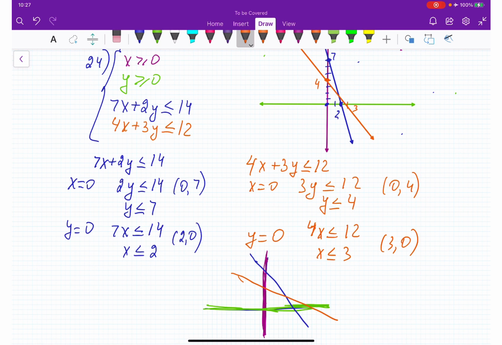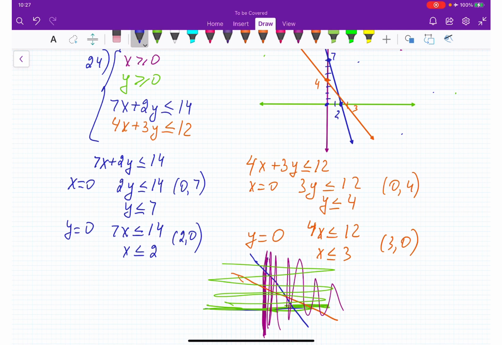Taking the first one, x greater than 0, it's going to be shading like this, right? Next, y greater than 0, so it's going to go like this. Let me make it thicker. This one also. And this is going to be this one. So we approximately know where our line is.